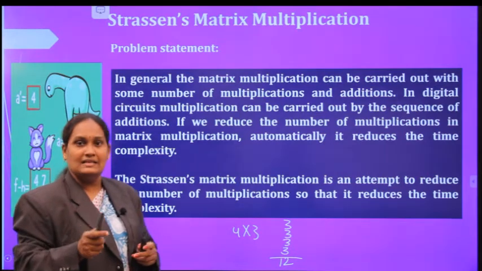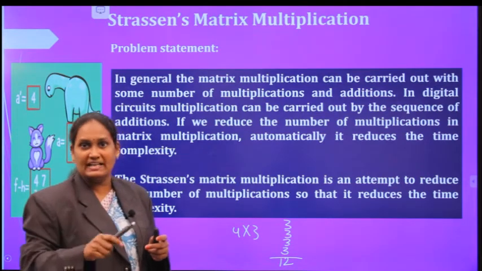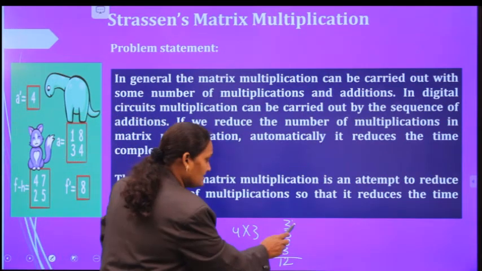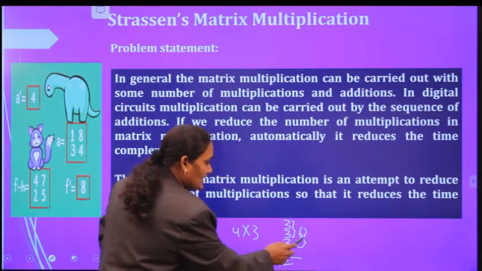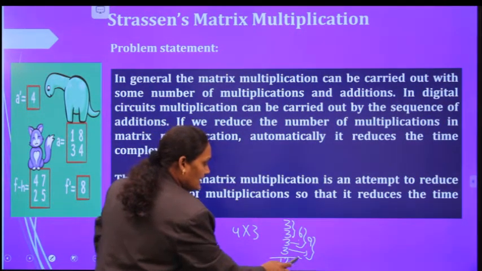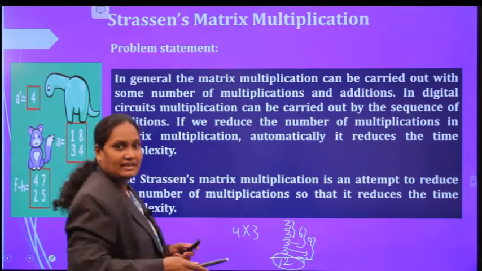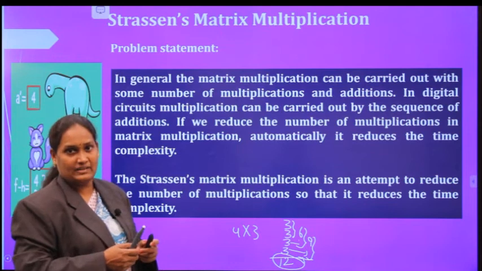So the multiplication is carried out by a sequence of additions. First we add these 2, we get 6. To this we add 3, we get 9. To this we add 3, so we finally get 12. Like that, with a sequence of additions, the multiplication can be carried out.